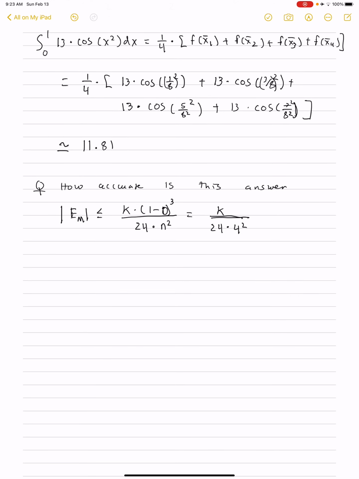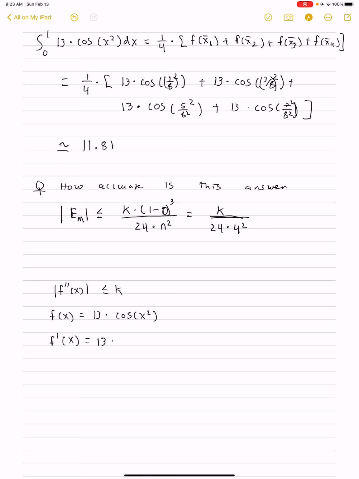So we know that the absolute value of f double prime of x, the second derivative, is less than or equal to this value of k. Any value of k that satisfies this inequality is going to be sufficient. We know f of x is 13 times cosine of x squared. So let's start calculating derivatives using the chain rule.